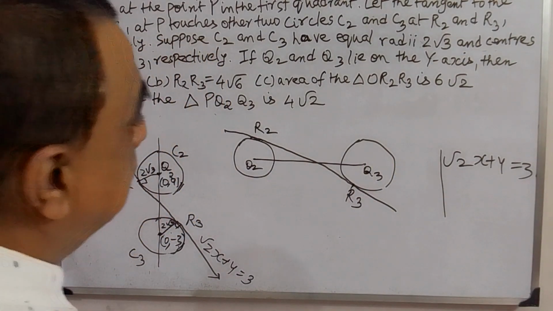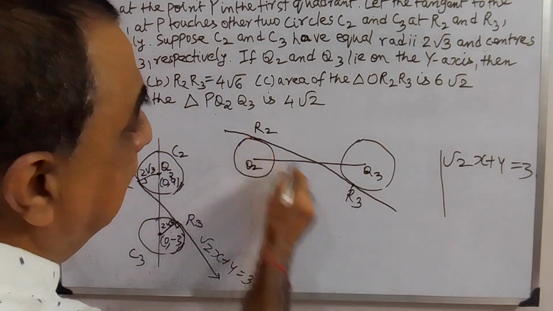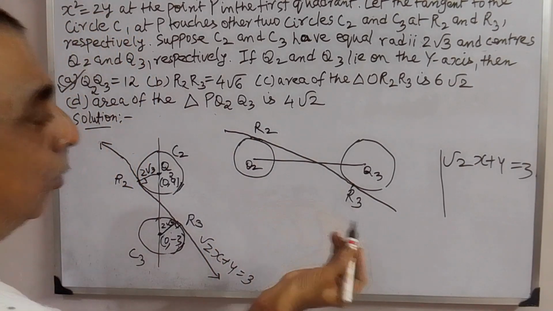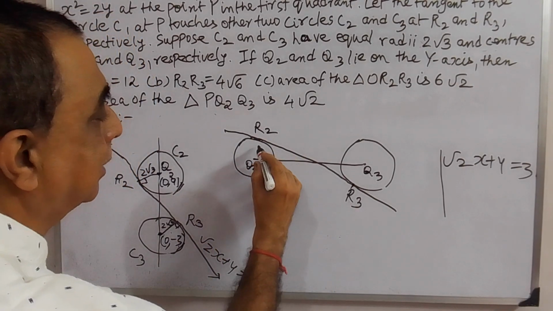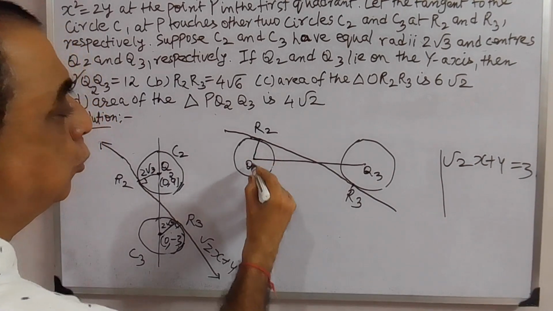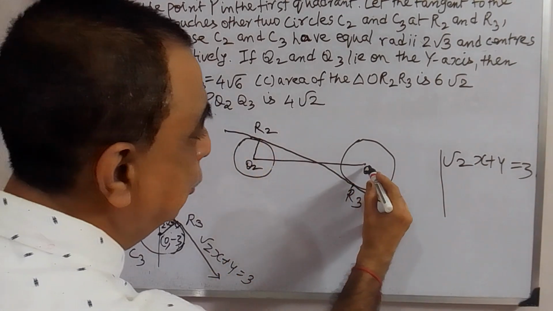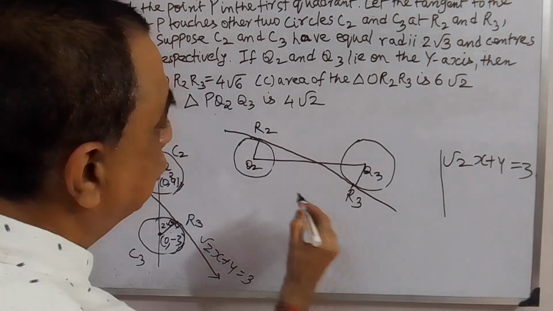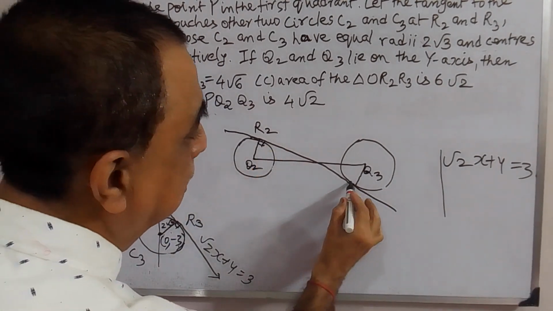Now the distance between R2 and R3 is asked. How will you find it? Join Q2 with R2 and Q3 with R3. These two will be perpendiculars.